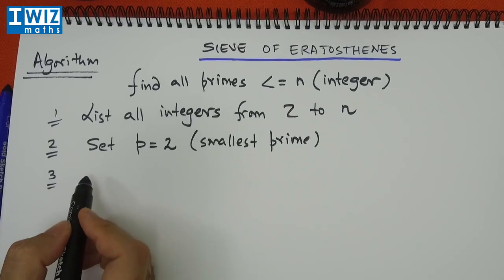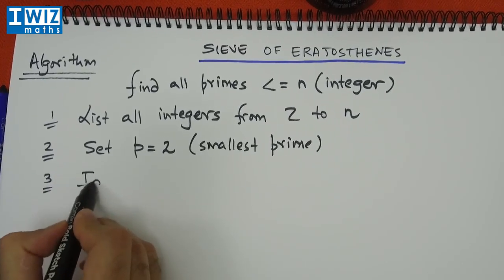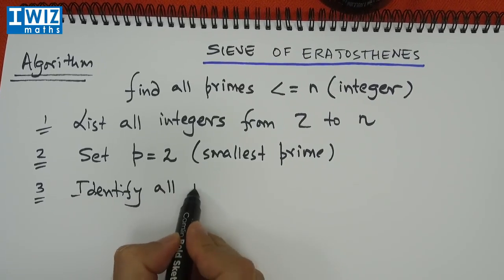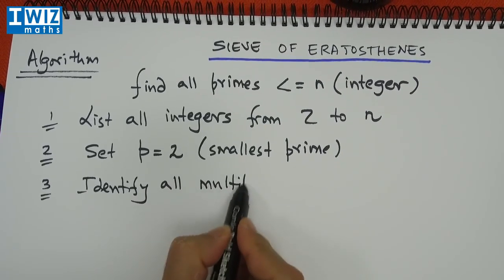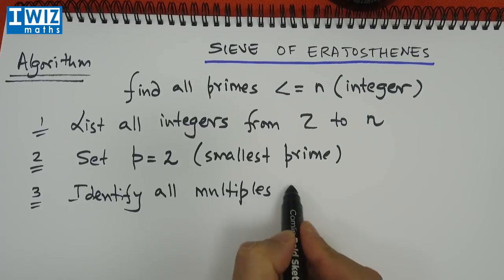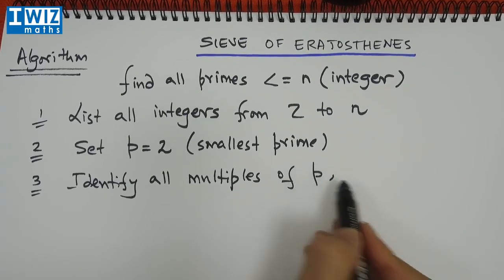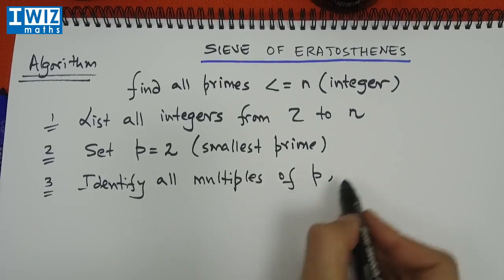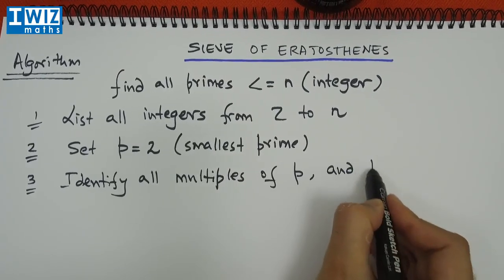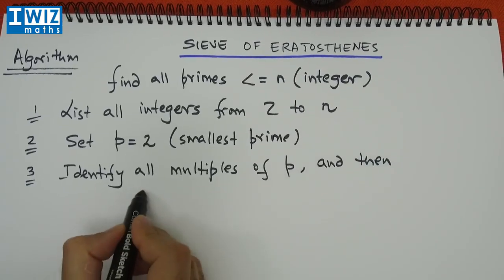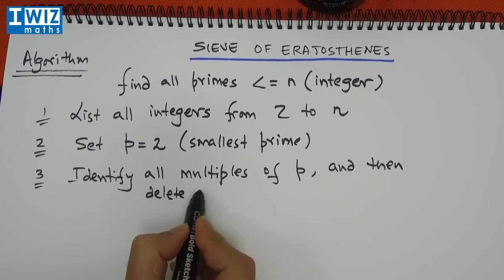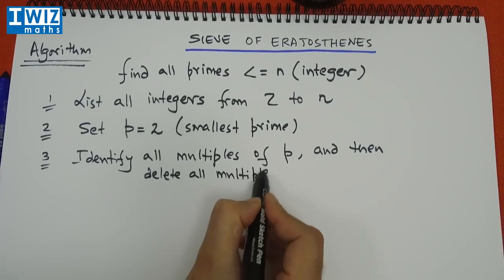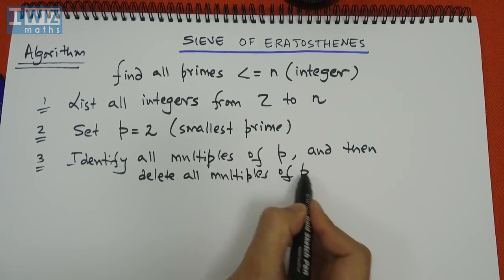Then, in step 3, we need to identify all multiples of p and go ahead and delete all multiples of p.